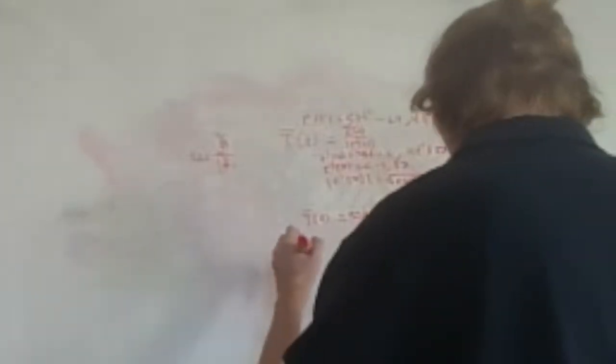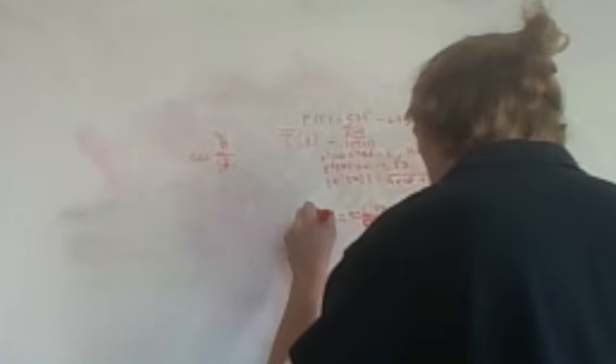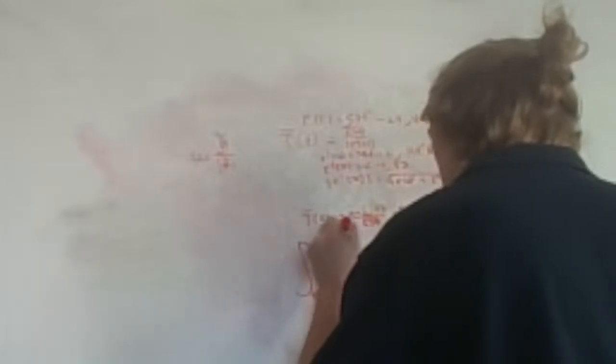Yep, okay. So next we're going to write the integral of 0 to 1 of r of t. Okay, cool. So I think you can just integrate the components.